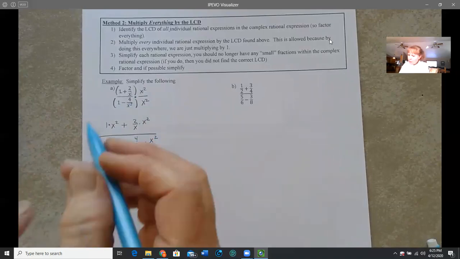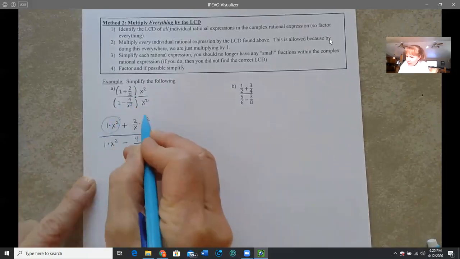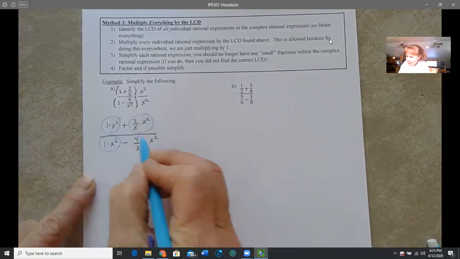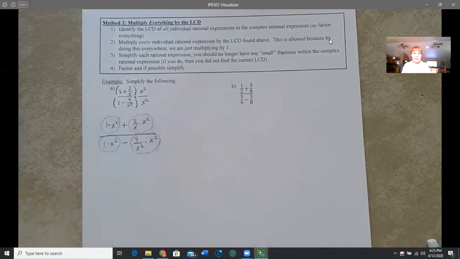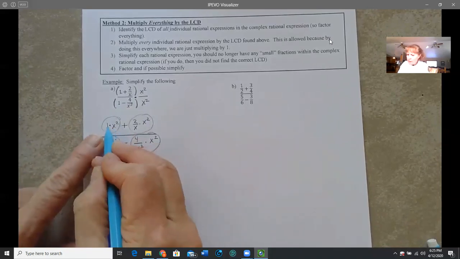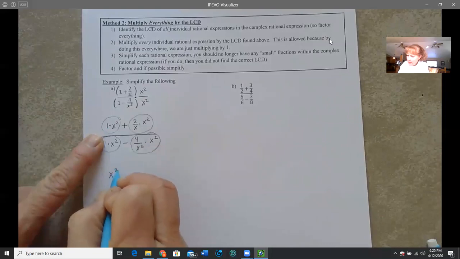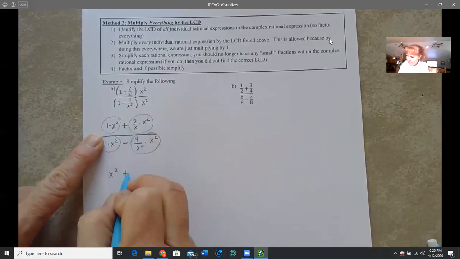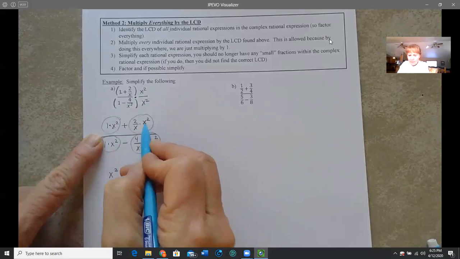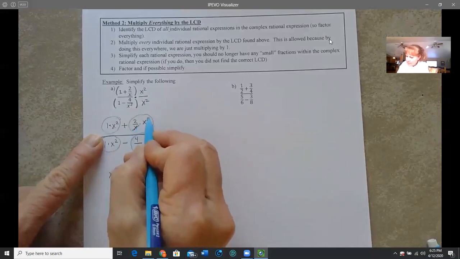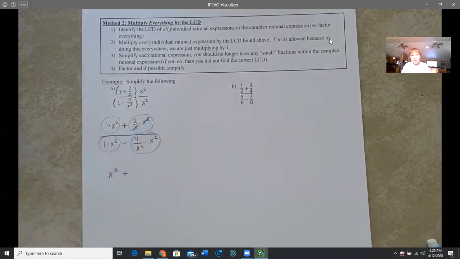Now, we're going to reduce each of those separately. The first one, the upper left, is 1 times x squared, plus, you reduce the next one. This will cancel because you subtract exponents when you're dividing.